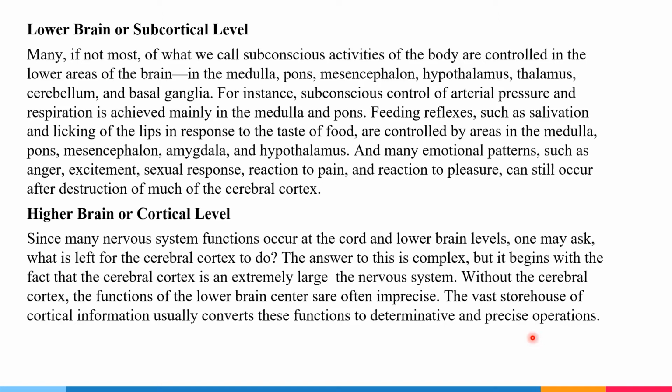Without the presence of the cortical level of the nervous system, many of the functions that could have been performed by the spinal cord level or the lower brain level do not sync and are imprecise in nature. And it is also a storehouse of memory, which helps it in performance of its various tasks.